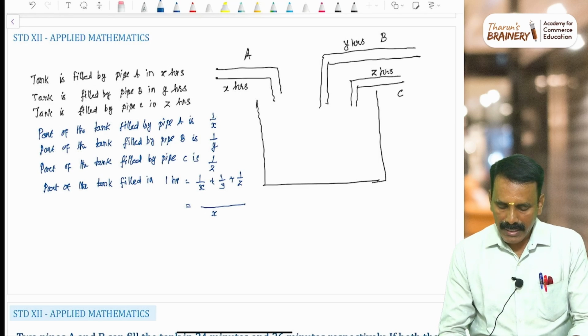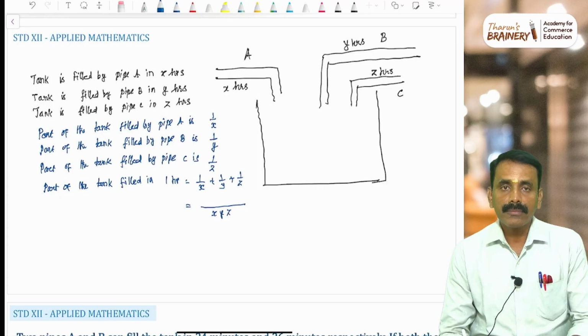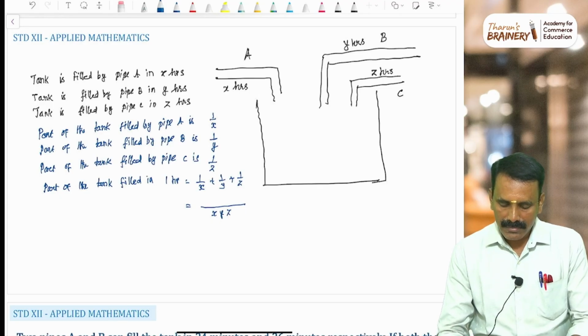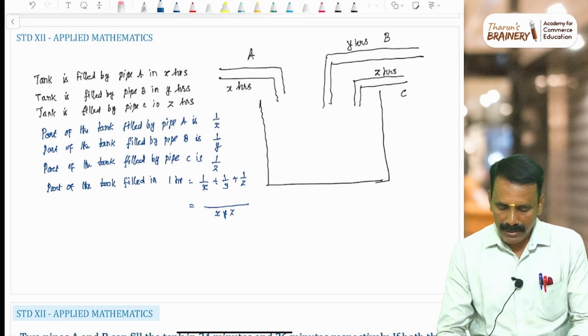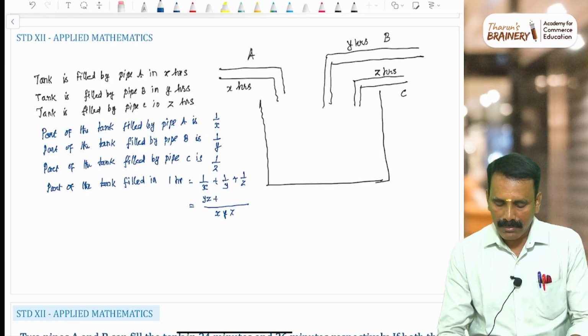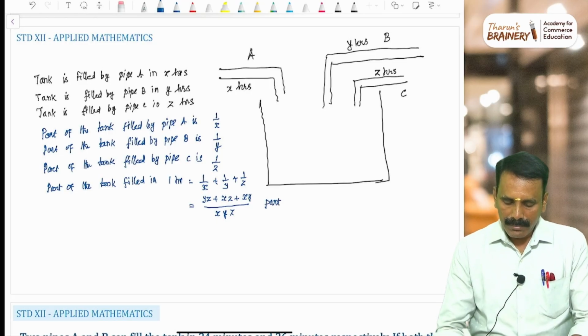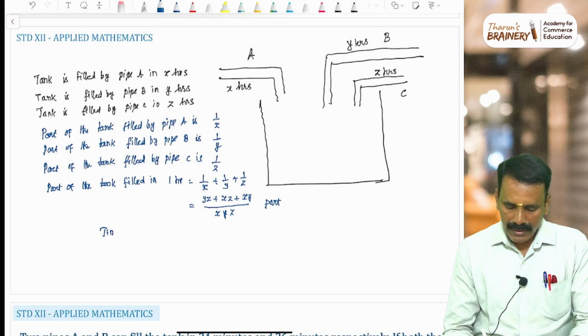The LCM is xyz. For the first term, we multiply the numerator with yz. For the second term, y in the denominator, so multiply with xz. For the last term, it will be xy. So the time required will be the reciprocal.